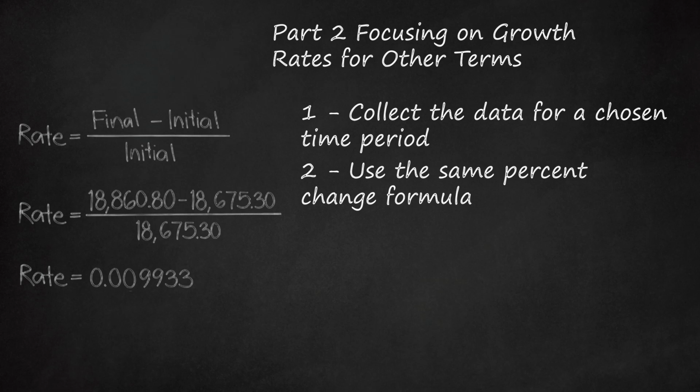Rate equals (final GDP minus initial GDP) divided by initial GDP.